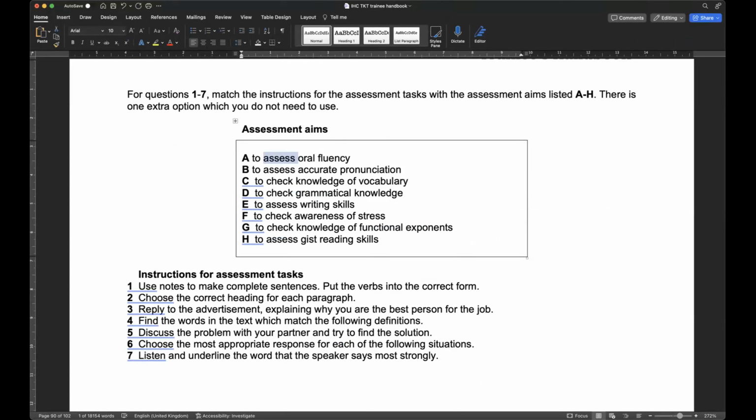All right, let's check the answers then. Yeah, Anna Maria was right. It was 1B. Pronunciation. No, sorry.